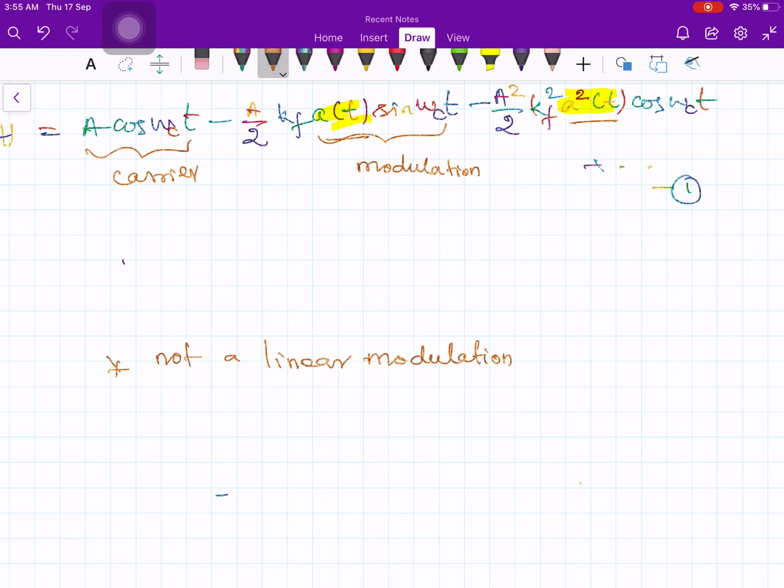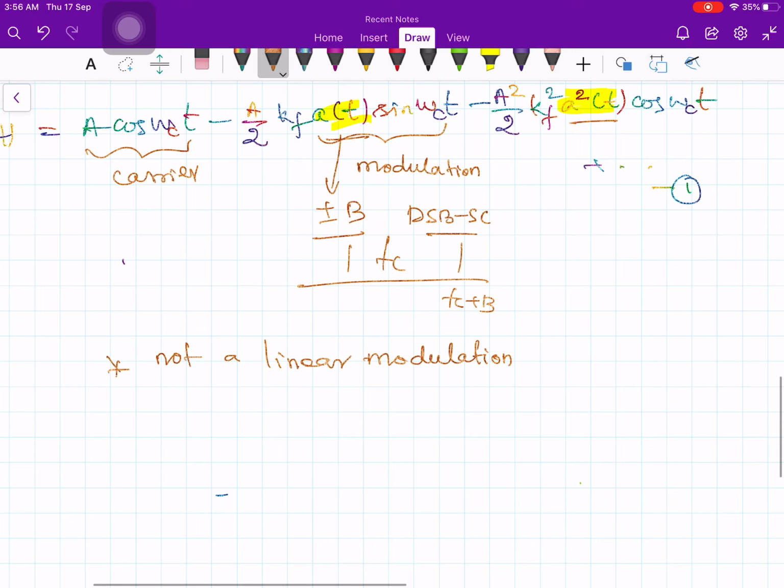Bandwidth of this will be plus or minus b around, because we know DSBSC how the spectrum looks like, right? Therefore the bandwidth is plus or minus b around the carrier. Let's say if this is carrier, then you have fc plus b and fc minus b. The total bandwidth is 2b from the second term.